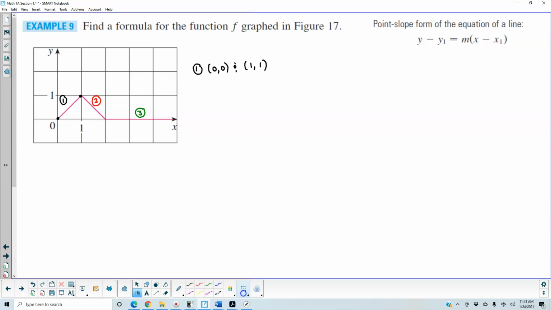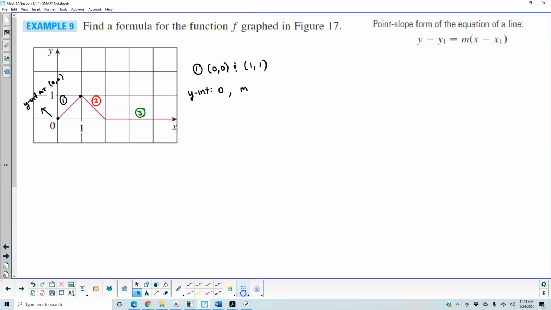Okay, so what can we determine from this particular line? Well, we see that it's crossing the y-axis. So therefore, this has a y-intercept at (0, 0). So we know that we have a y-intercept at 0.